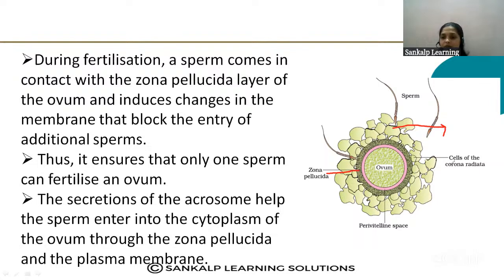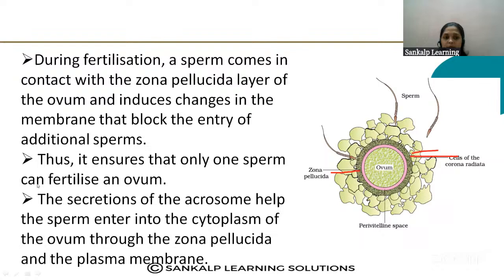These are the cells of the corona radiata, and inside this membrane the ovum is present. This is nothing but the ovum, and this space is called the perivitelline space. This diagram can also be asked in an MCQ question. They may ask you to label any one of these parts. This is the zona pellucida, and this part is called the corona radiata.